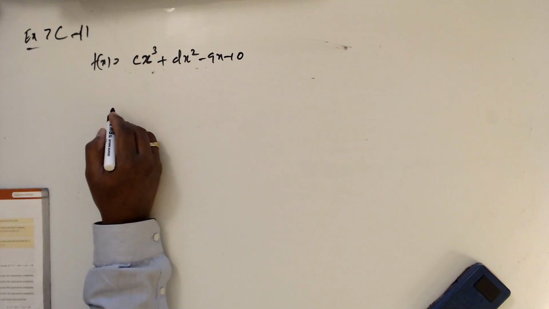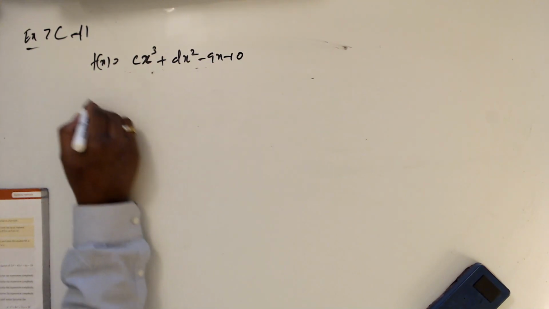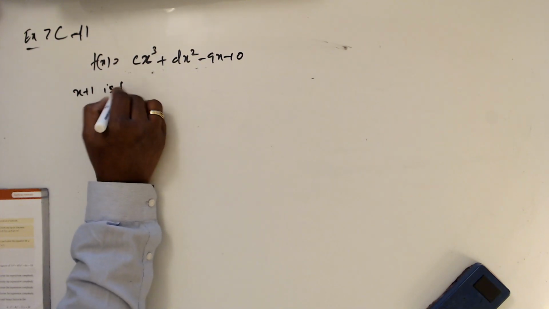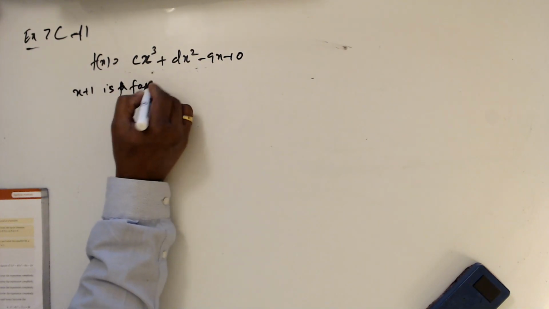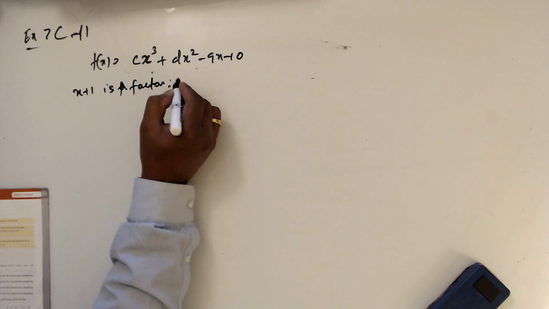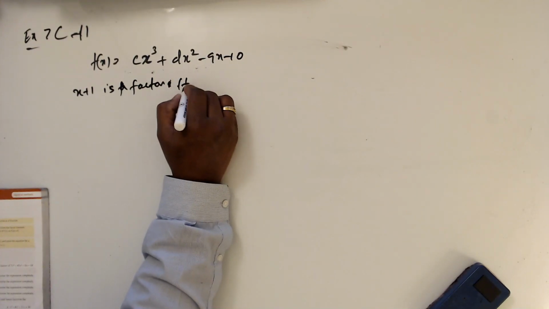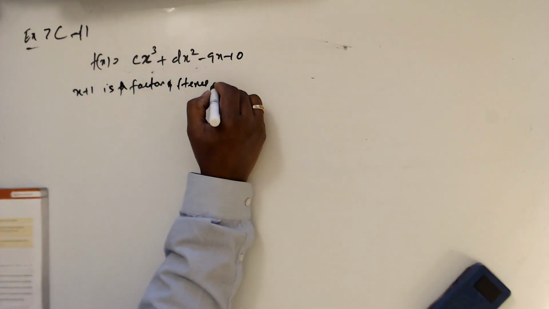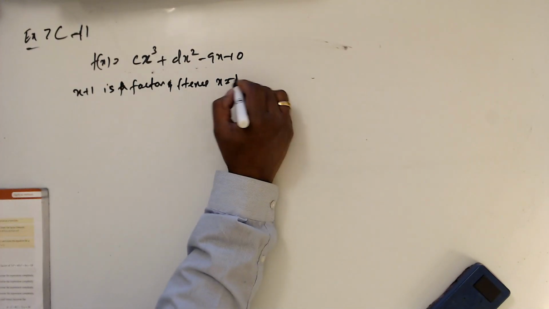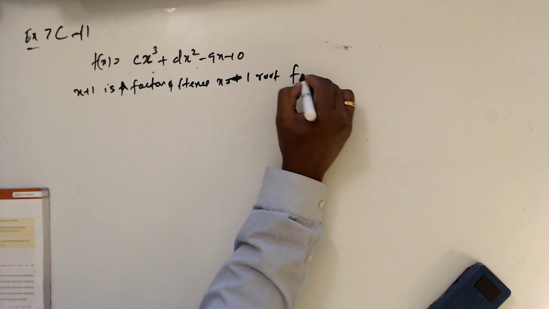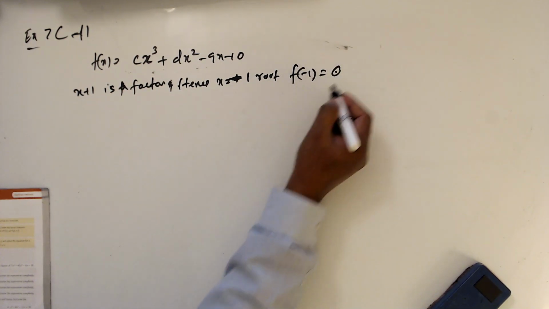Number 11. x plus 1 is a factor, hence x equal minus 1 is a root, meaning f(minus 1) equals 0.